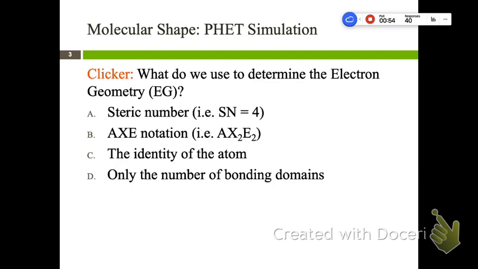All right, coming in strong. Talk to the person beside you. Which one for electron geometry?